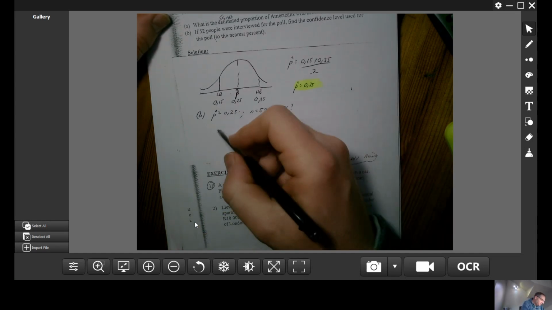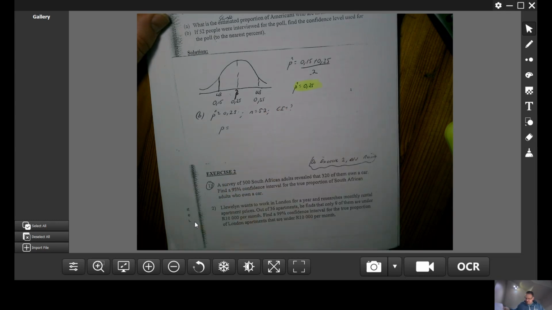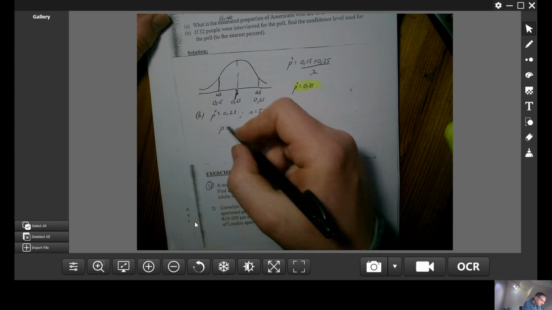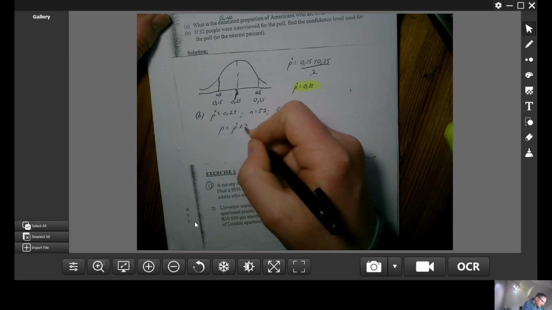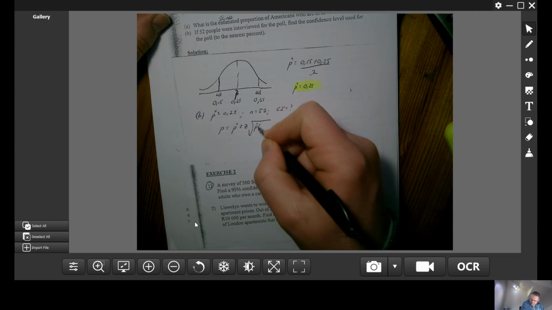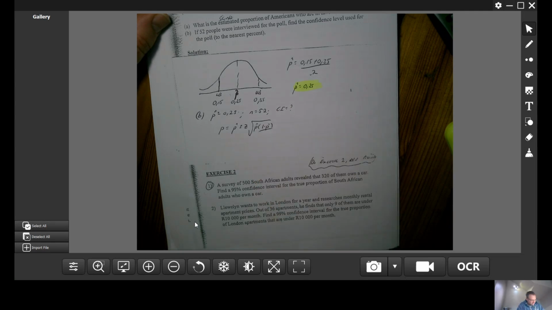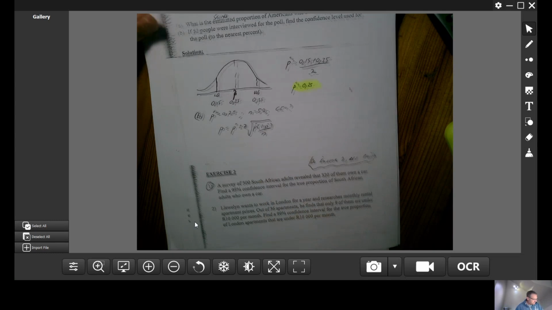If we get confused, go to your formula to help focus your mind. P is equal to P hat plus minus Z times the square root of P hat times 1 minus P hat, over N.